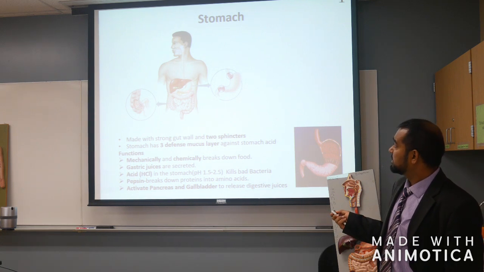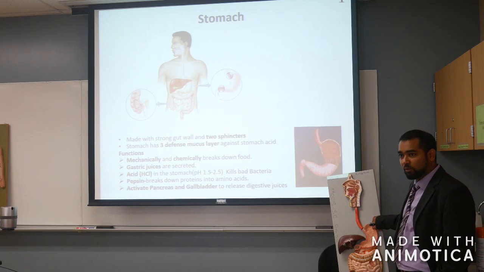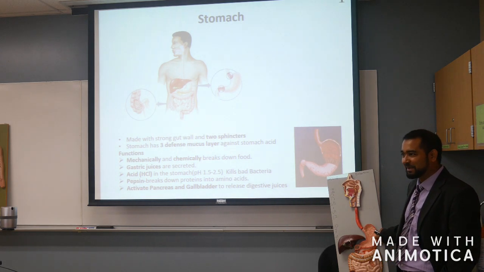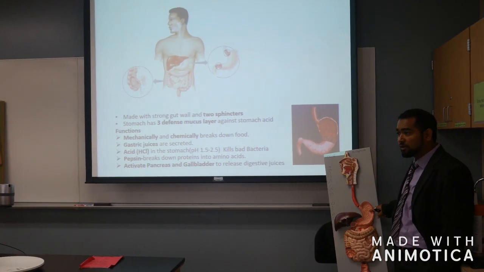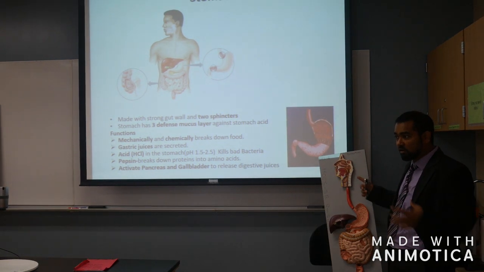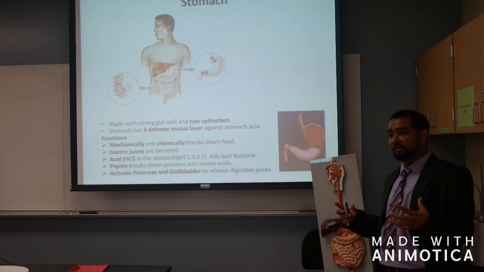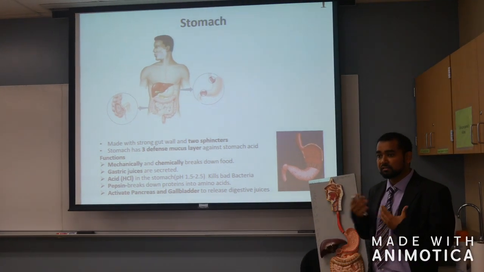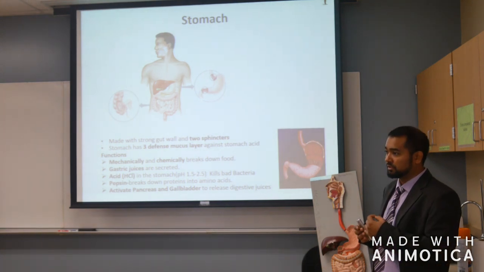So how does the tummy look? This is the tummy, and it has a very strong gut wall. It's strong because it's a mechanical part. On top of the gut wall, it has 3 layers of mucus, and that protects against the acids, because you need acid to digest the food and kill the bacteria or germs you're eating with your food.